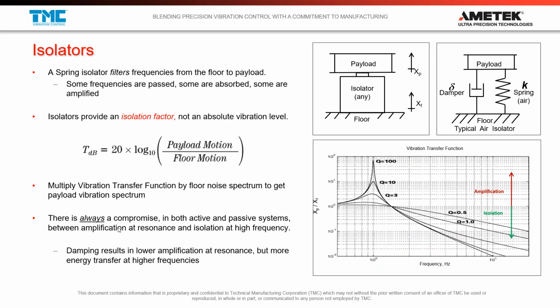When we talk about isolators, we're really just talking about springs, and in this example, I'll talk about a very simple mass-tuned, mass-damped isolator. The key thing when you're looking at an isolator is what we call a transfer function, also known as an isolation factor.